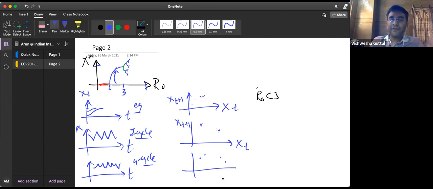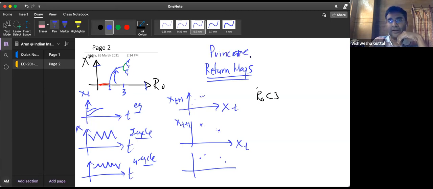Okay, so what can you infer from this so far? These kinds of plots are called return maps, by the way. I've forgotten a bit of this, but I think it's called a point K return map. So this is how it looks.